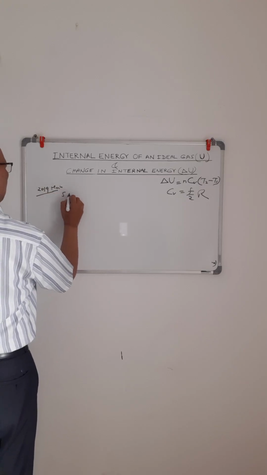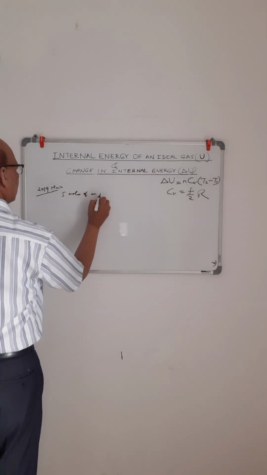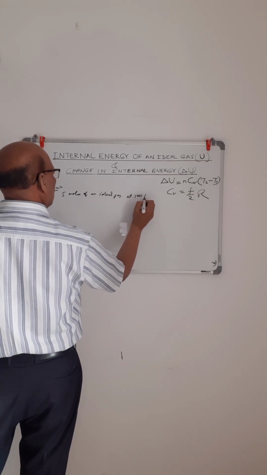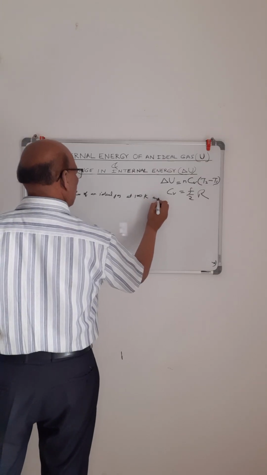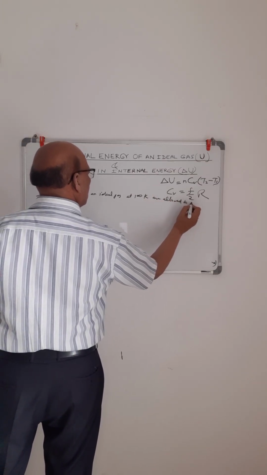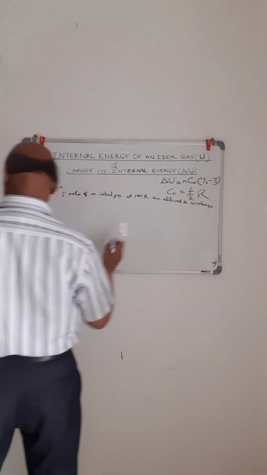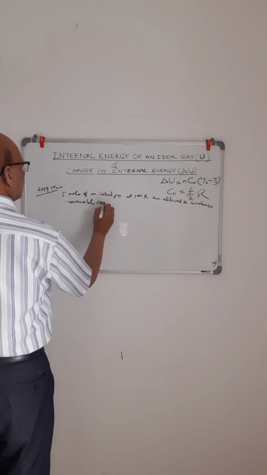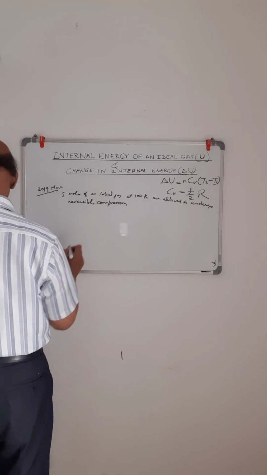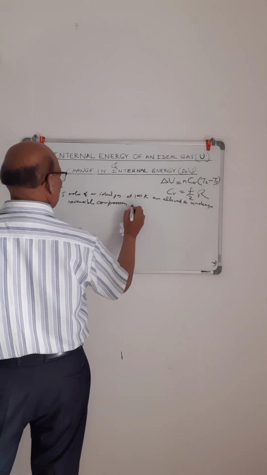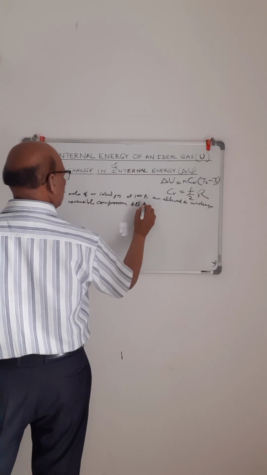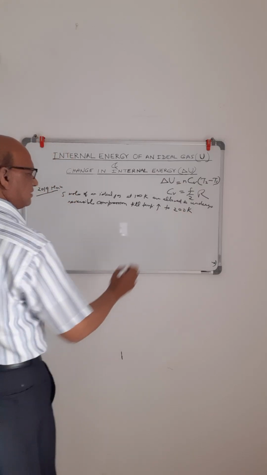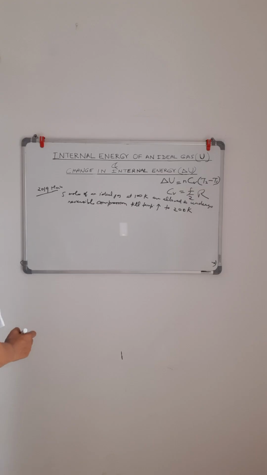It says that 5 moles of an ideal gas at 100 Kelvin are allowed to undergo reversible compression, till the temperature becomes 200 Kelvin, means the final temperature T becomes 200 Kelvin, because when the gas will be compressed its temperature will increase.